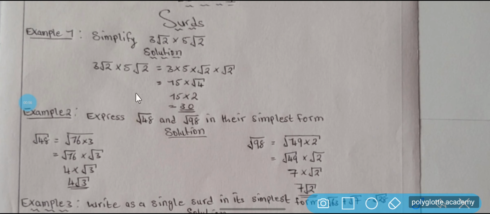So I'm going to rewrite. We are going to simplify 3 root 2 times 5 root 2. Now when we talked about surd, we are talking about simplifying.